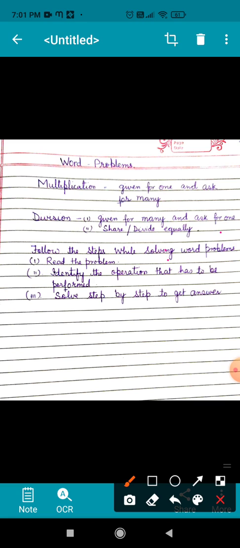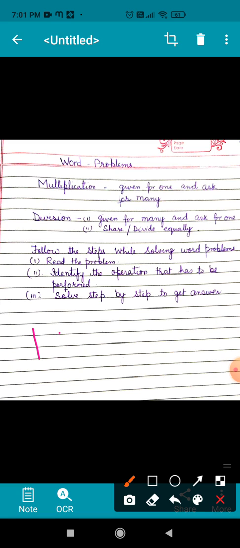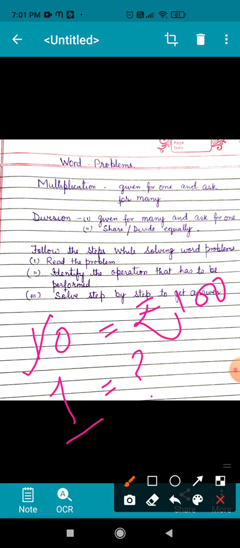Now children, if you know the cost of 10 pencils is rupees 100 and you have to find out the cost of 1 pencil, given for 10 pencils and ask for 1 means 100 divided by 10, and the answer comes 10.